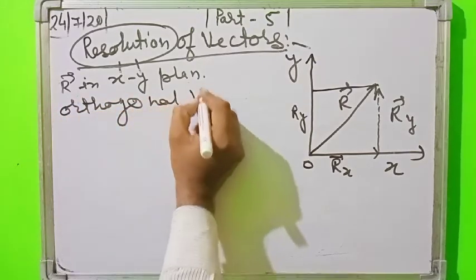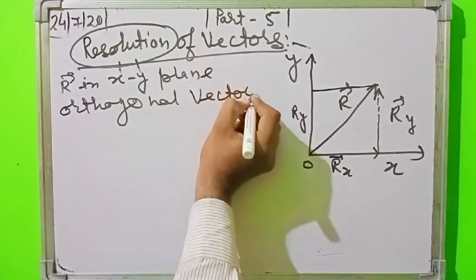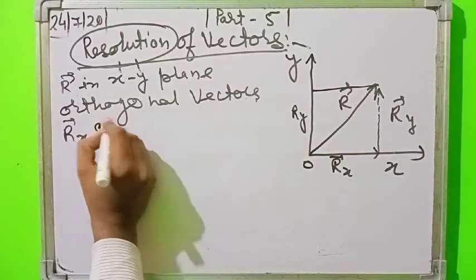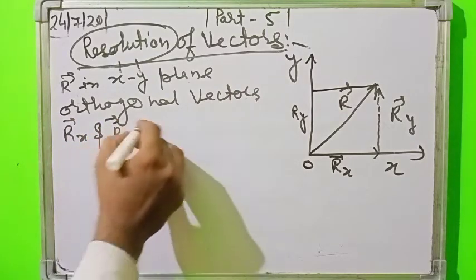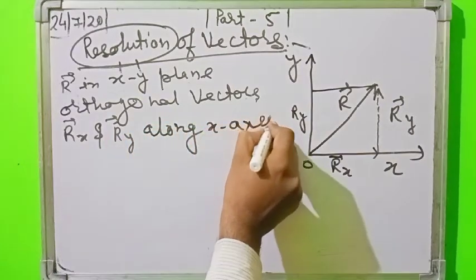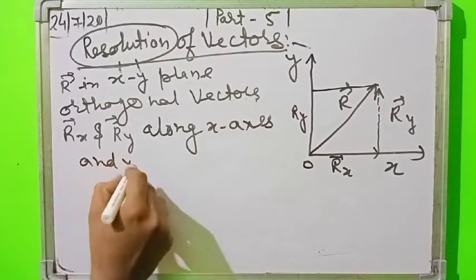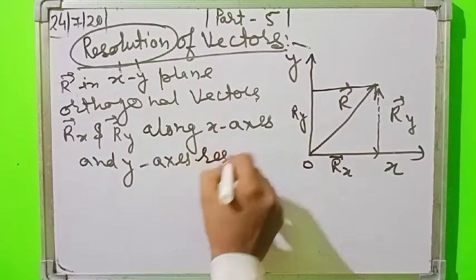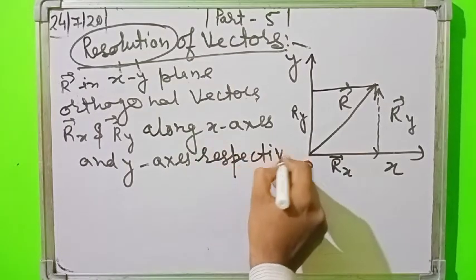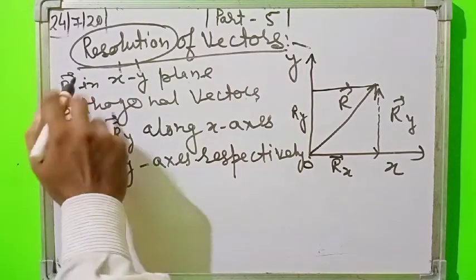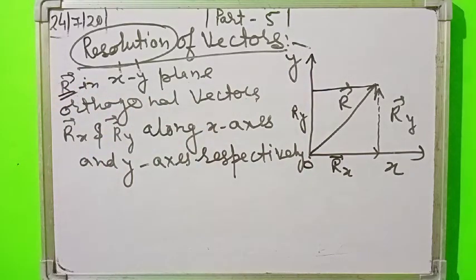Rx vector and ry vector along x-axis and y-axis respectively. Clear? These are the two components of r vector along x-axis and y-axis.